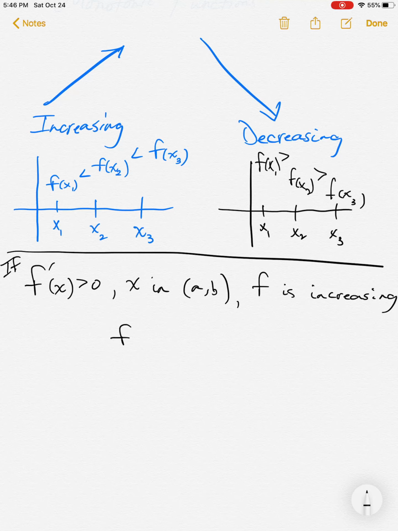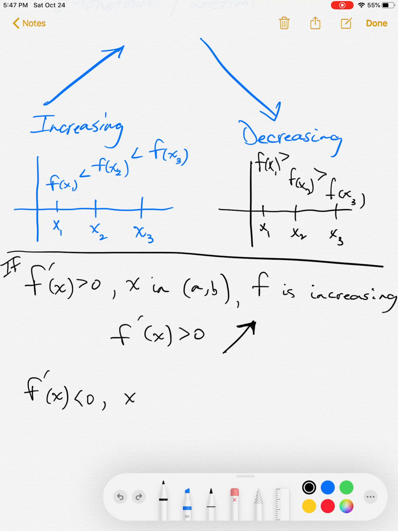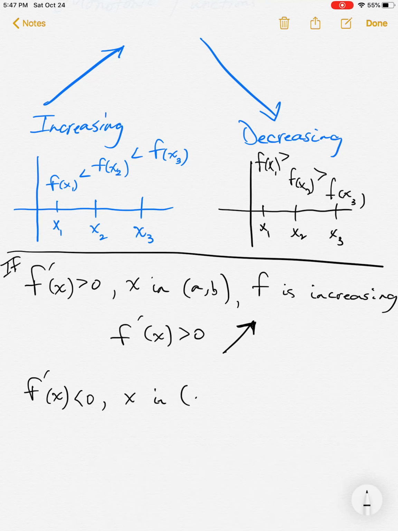All right. So shorthand, I would say f prime greater than 0, I'm going to be increasing. That's my little symbolic notation. Likewise, you have the same layout. All of this other information remains the same. X is in the open interval.